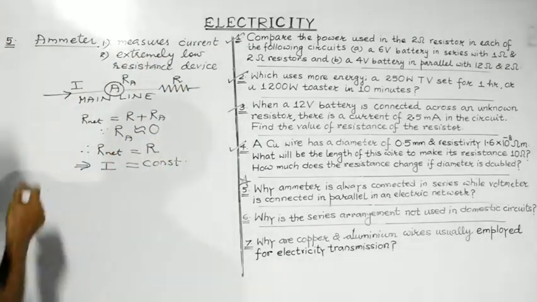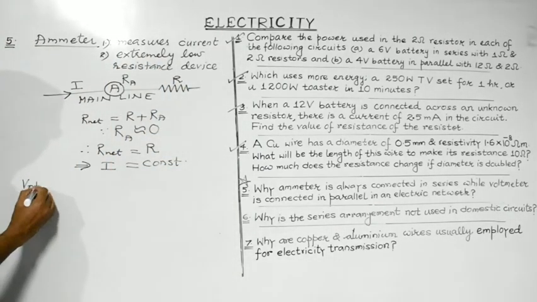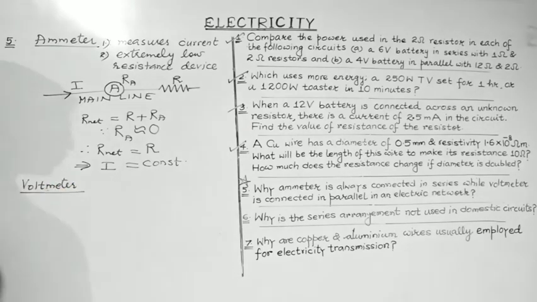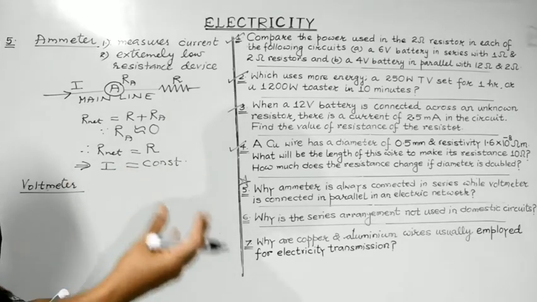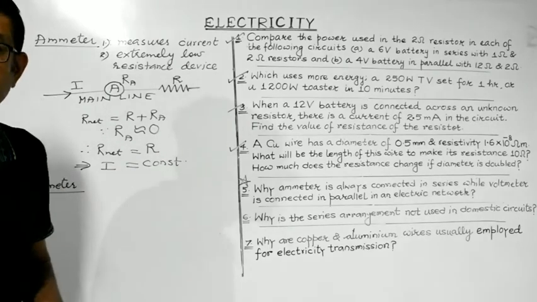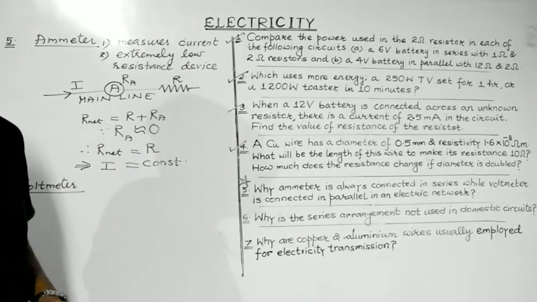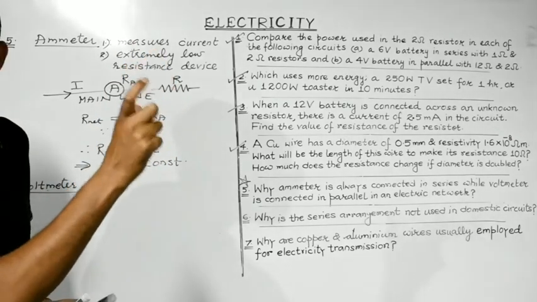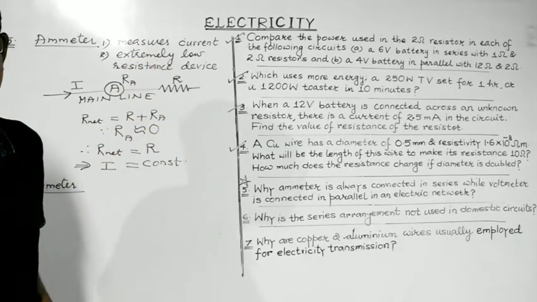Right? Now the second part, students, regarding voltmeter. Volt is the SI unit of potential difference. Meter, to measure something. It's a device which is used to measure something. So a voltmeter is an electric device which is used to measure the potential difference across any 2 points or across the 2 ends of a conductor, right?